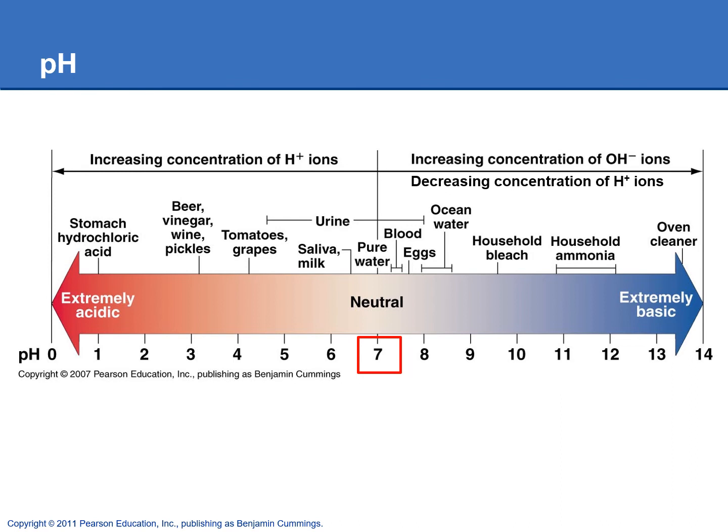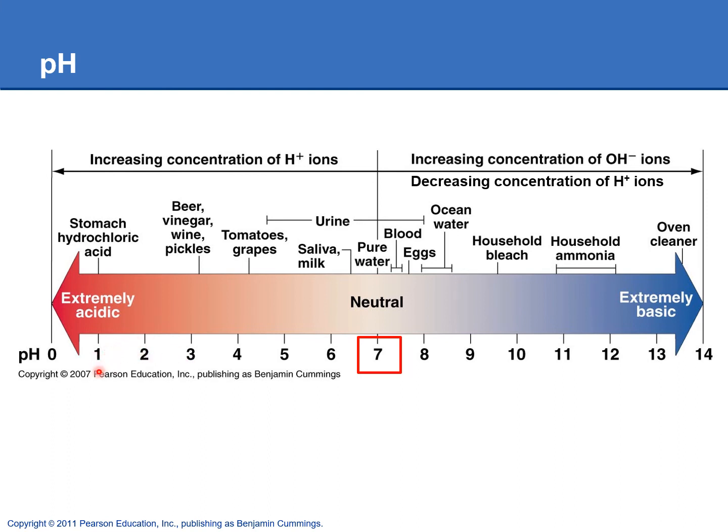So for example, if you take a look at maybe tomatoes at a pH of 4, and maybe you're looking at pickles, pH of 3, the pickles at a pH of 3 are 10 times more acidic than the tomatoes at a pH of 4. Okay, and then if you were to compare the pickles to the stomach acid at a pH of 1, so 1 versus 3, there's 2 units there, so 10 times 10.